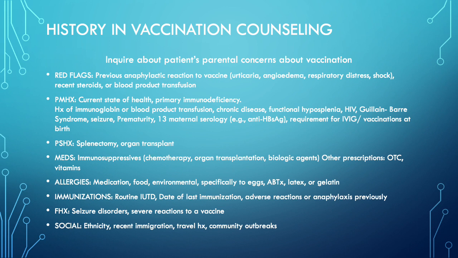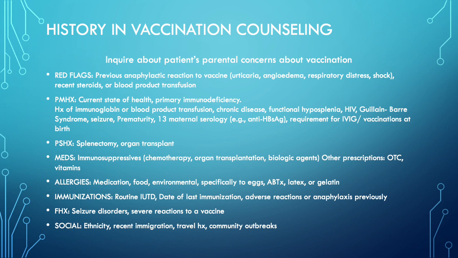So how do you take your history? The first thing you want to do is inquire about the patient's parental concerns about vaccination. What exactly are they worried about? And then take a history from the mother or from the patient that you can see about any red flags, any prior vaccinations with anaphylactic reactions or their state of health, immunodeficiency, any other diseases.